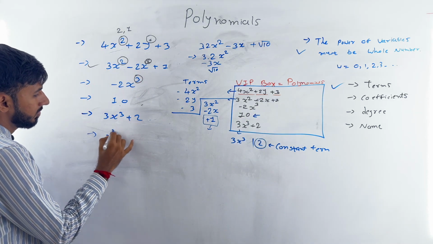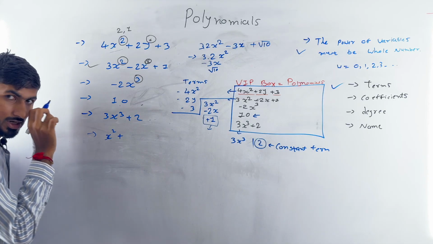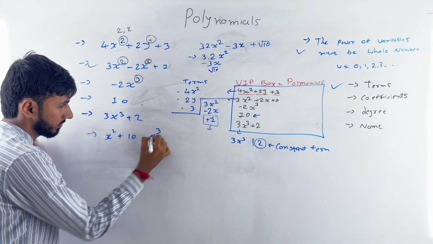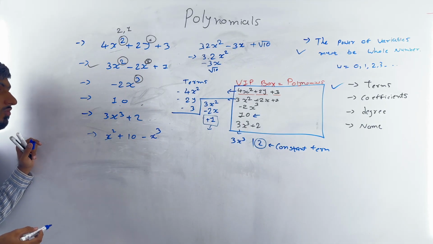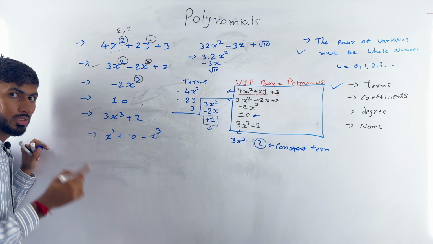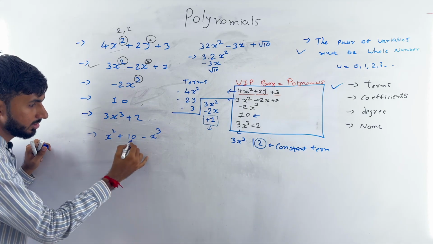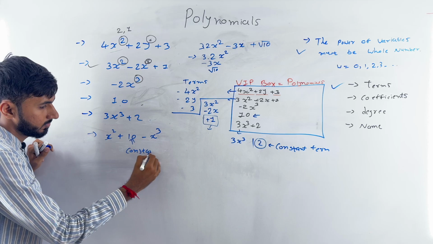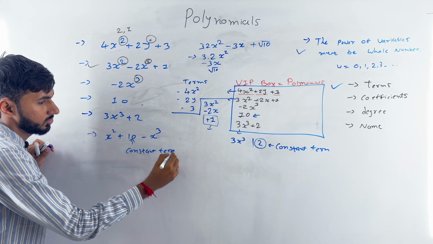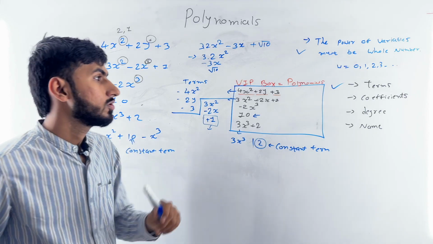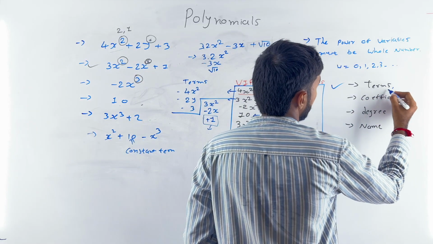So anything can be a constant term that cannot change the value. So in this polynomial, what is the constant term? The constant term is the term with no variables. Here I have 10. So yes, it is the constant term. So I think you will understand what are terms and what is a constant term. So let me write it here.